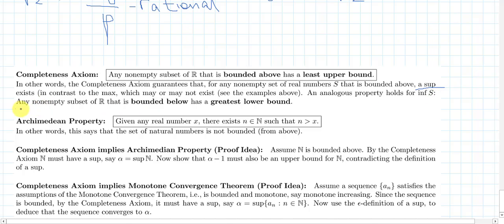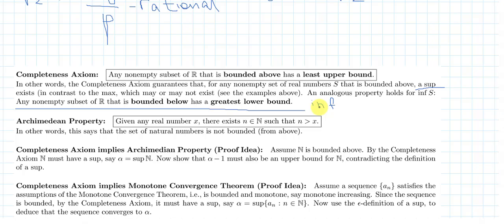And an analogous property holds for infimum also. Any non-empty subset of R that is bounded below has a greatest lower bound, so it is infimum. And now, the Archimedean property: given any real number x, there exists n such that n is greater than x.